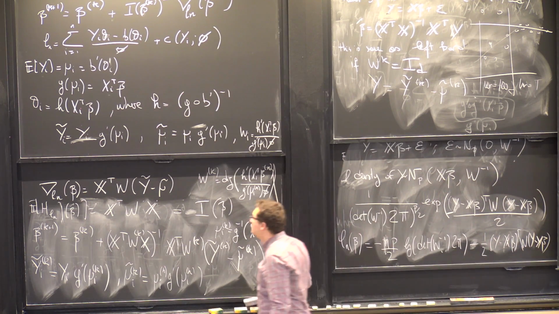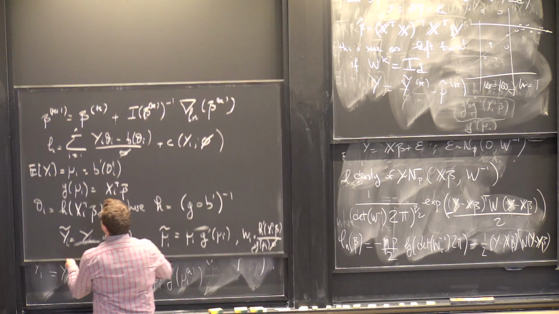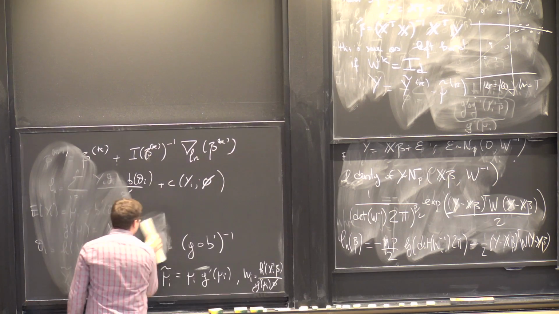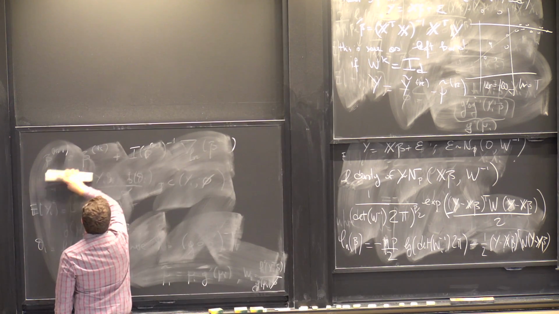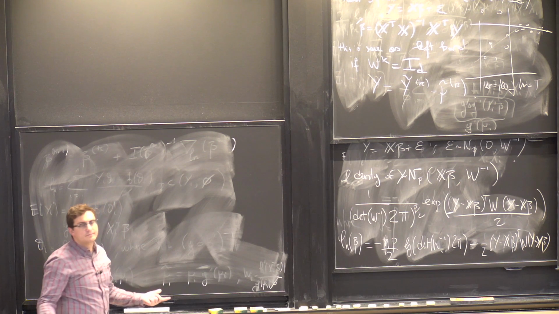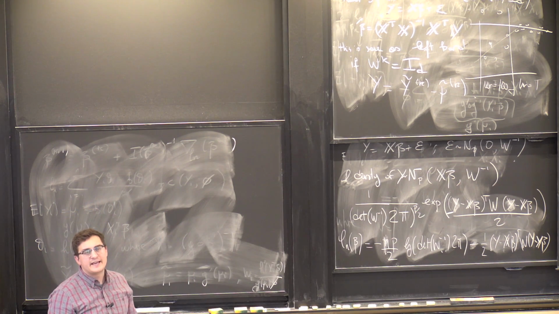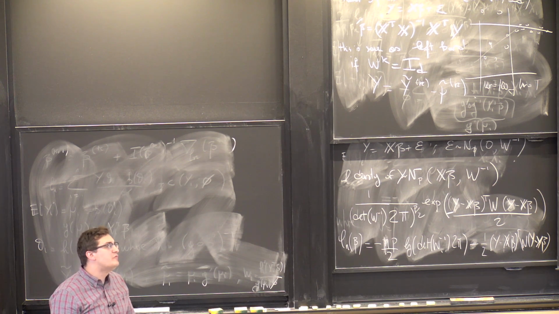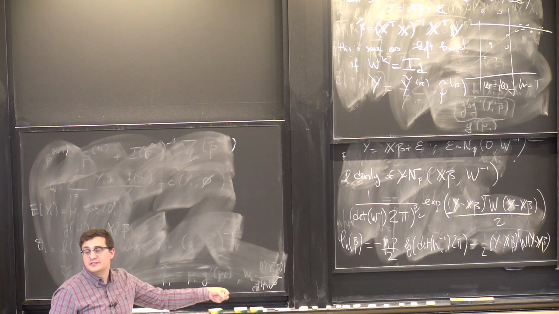If you're lazy and you don't want to redo the entire thing, maybe I should keep that guy. W is diagonal, right? I'm going to assume that, so W inverse is diagonal. And I'm going to assume that no variance is equal to 0 and no variance is equal to infinity, so that both W inverse and W have only positive entries on the diagonal.